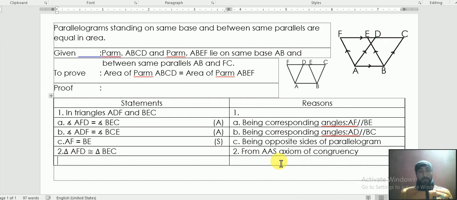Now we know congruent triangles mean triangles having the same shape and same size. It means they are equal in area.